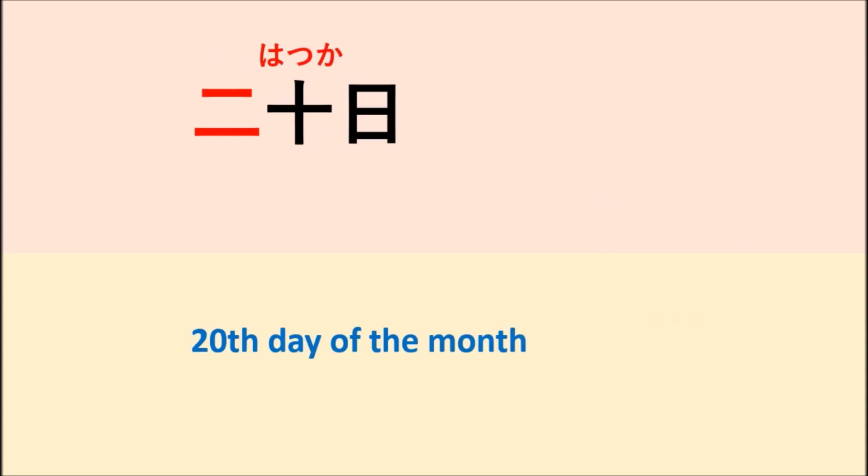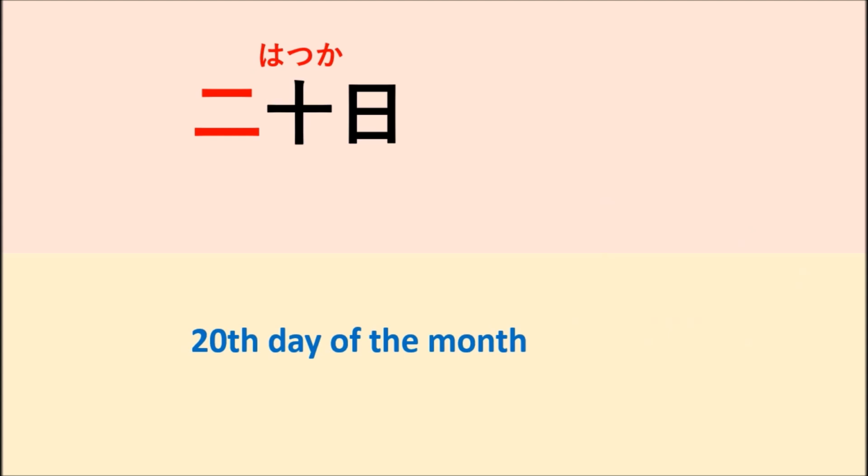20日 means the 20th day of the month, or 20. This is about special reading, special pronunciation or special sound of reading when using the kanji of ni. And here we have the first part of the kanji, which means ni, and in the middle ju, which means 10, and the last one is nichi or hi, which means day.